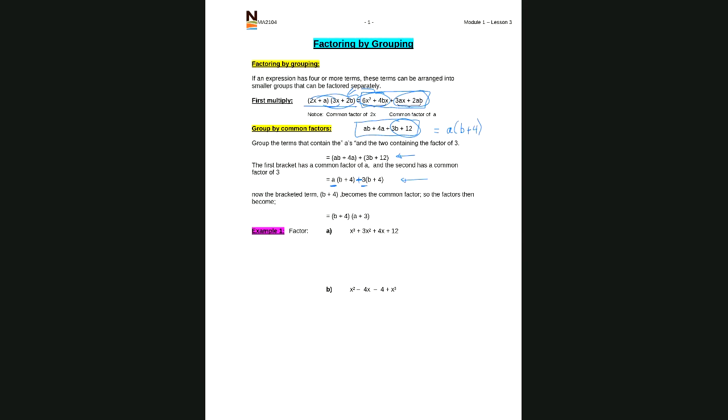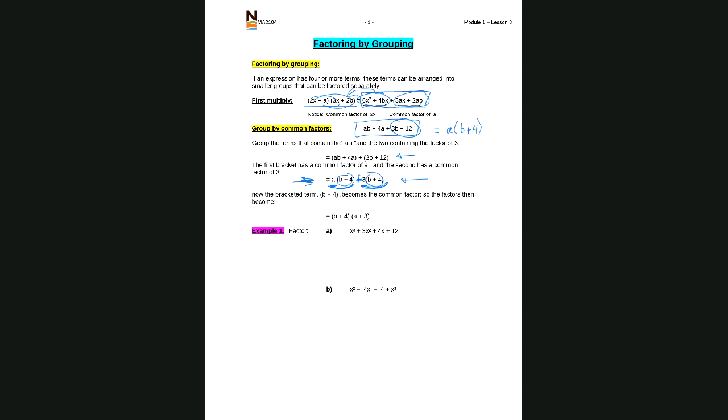Okay, now this line is not completely factored, because you still have a sum. But notice that the bracket is the same. That's your goal. If you don't have the same thing in the bracket, then you'll have to rearrange the terms a bit. Now this is one term and this is one term, because the plus separates the terms.